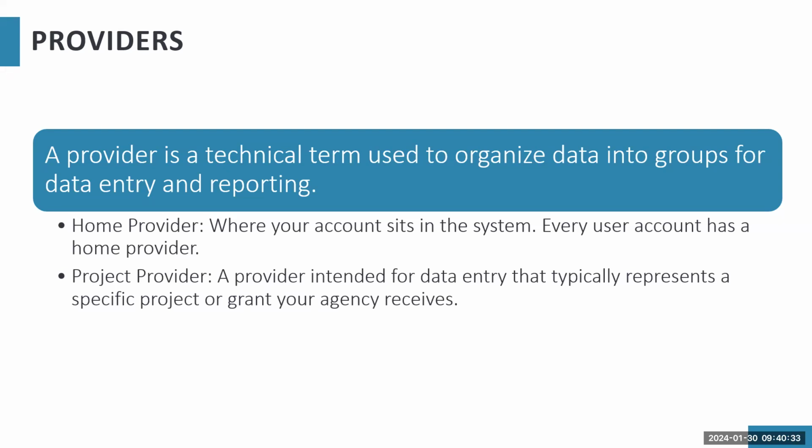Generally, project providers have a project type name or acronym associated with that provider. You may also have access to multiple project providers in HMIS. So when this happens and you're doing data entry, you must change your provider to the project provider you're doing data entry for.